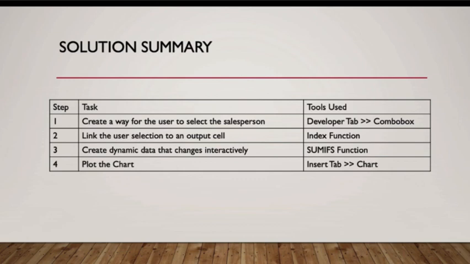Then we created a link between the user selection and an output cell on Excel. We did that by using the index function. Third, we created dynamic data that changes interactively as the user selects a salesperson name. We did this by using the SUMIFS function in this case. And finally, we plotted the chart by using the charts from the Insert tab.